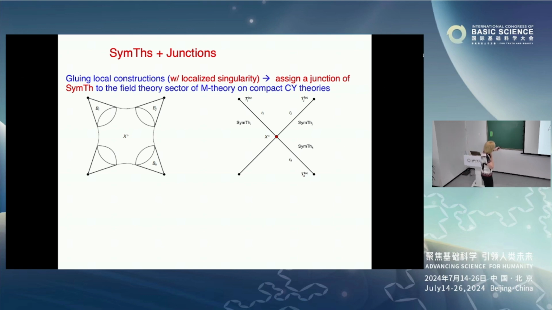Recall that in this case, the symmetry theory is naturally associated with this radial slicing here, where at the bottom we are having the physical boundary conditions, and then we are going now to the interior of this non-compact space, a compact space.